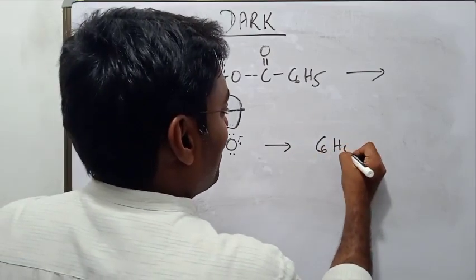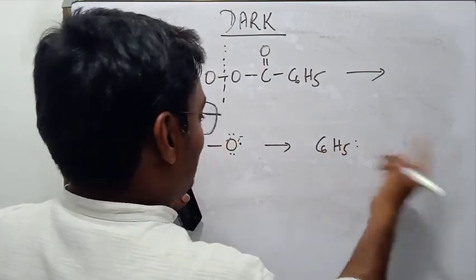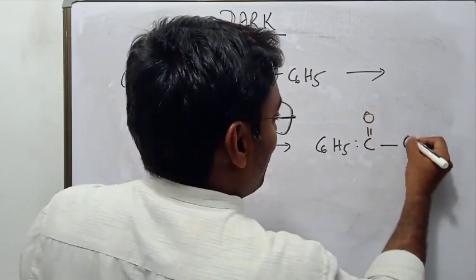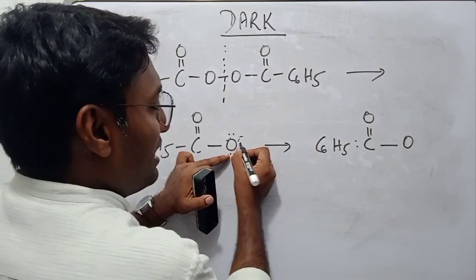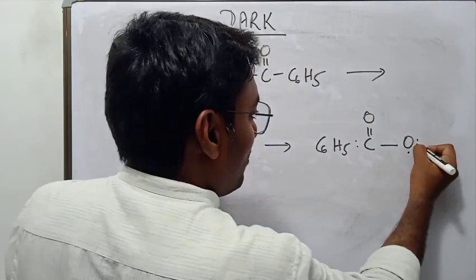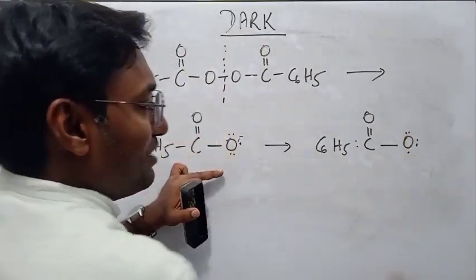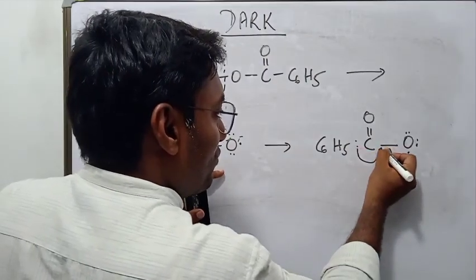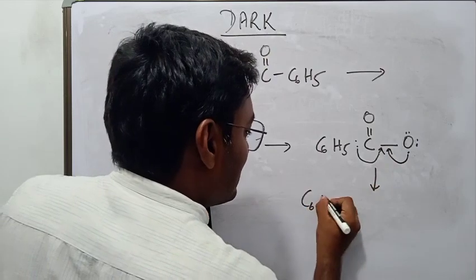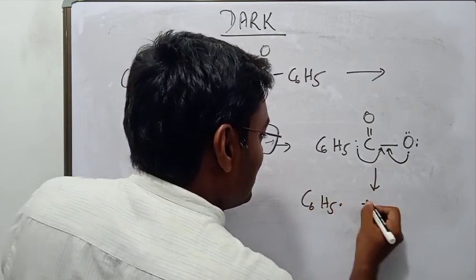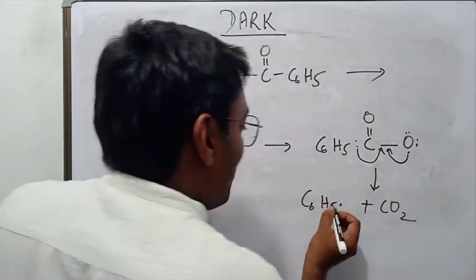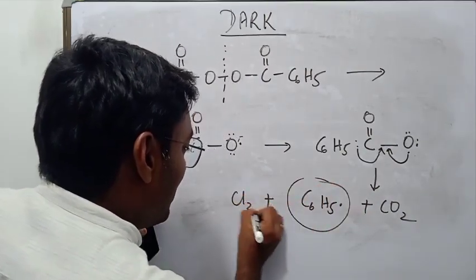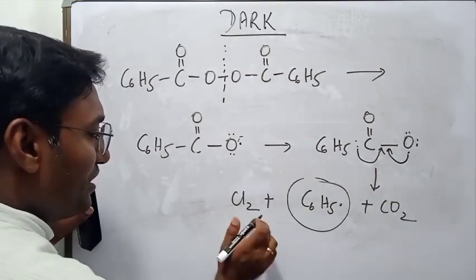C6H5, that's bond, O and O. I am writing this free radical down, and lone pair I am writing it here. So this can go here and this would go here, it would form a bond, and we get C6H5 free radical plus CO2.